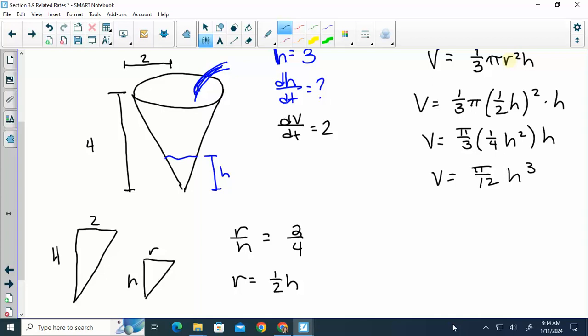So now, what can we do? Derivative of V would be dV/dt. 3 comes down, h squared dh/dt.